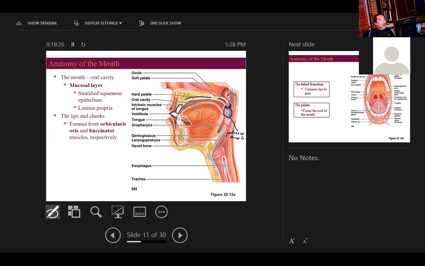And we have the different tongue muscles that connect into the tongue. And then we have the hyoid bone that carries on to the respiratory tract, starting out from the thyroid cartilage. And then here's going to be your cricoid.